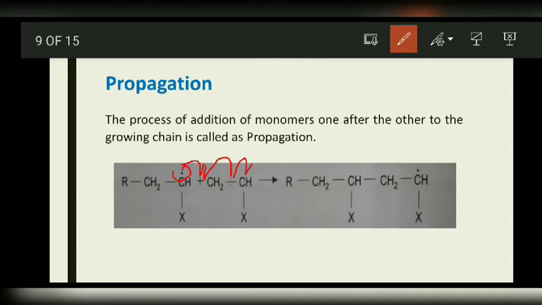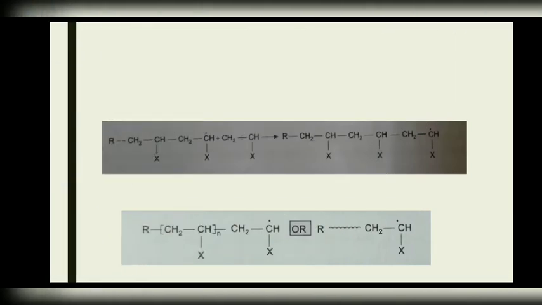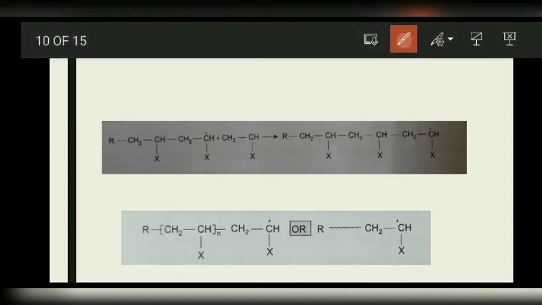Here you can observe that the chain still contains a radical site. Here there is still an unpaired electron. So it is ready to attack another fresh monomer unit. So it attacks the third monomer unit. See here, this unpaired electron attacks the pi electron of another fresh monomer unit, and the remaining electron gets transferred to the next carbon.